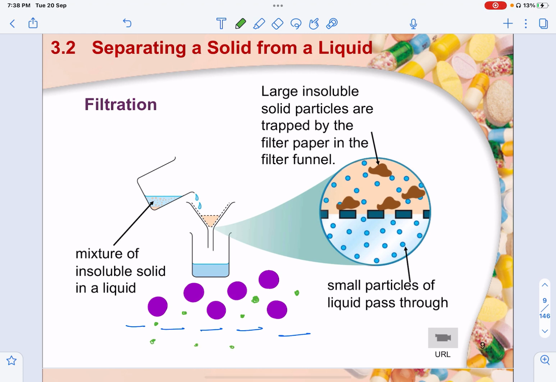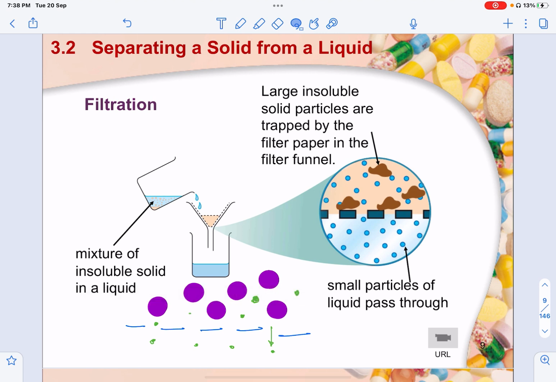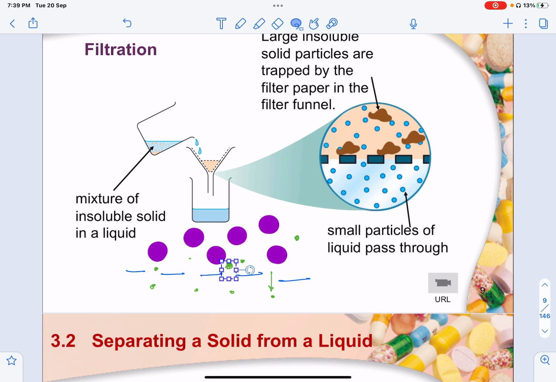Only the small particles are able to move downwards because they are small enough to filter down. So imagine this small green particle: it is small enough to move around here, and when needed, it is able to pass through. So they actually get filtered down.